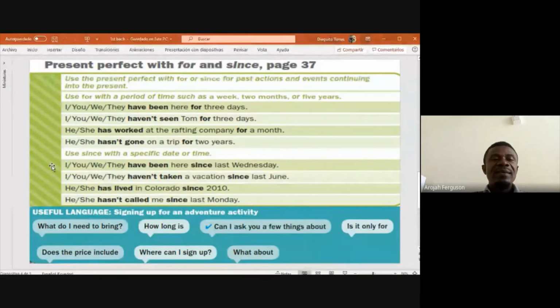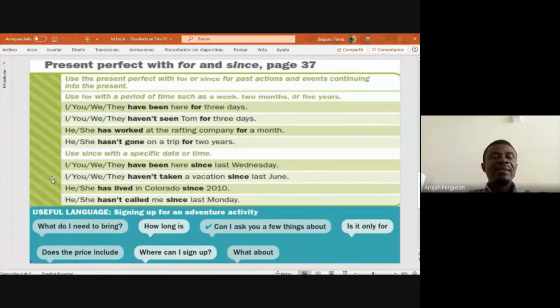Then there is another example using I, you, we, they with since. They haven't taken a vacation since last June. Or we haven't taken a vacation since last June. Or I haven't taken a vacation since last June.